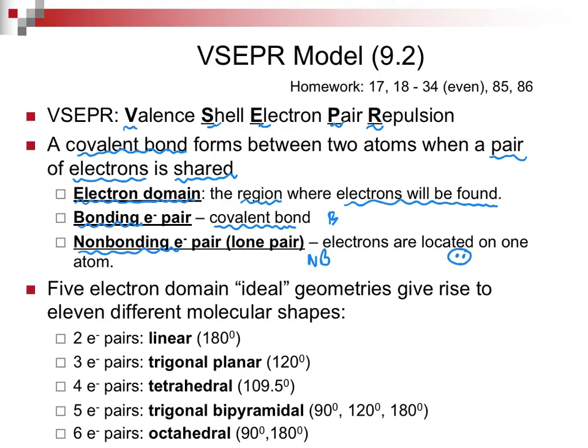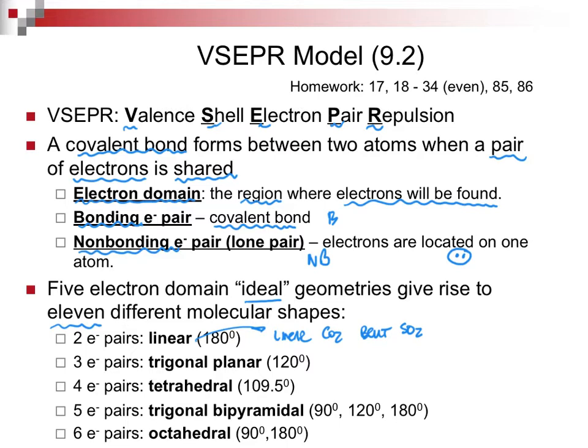Now, there are 5 ideal geometries, and they are going to give rise to 11 different shapes. In the first section, remember we saw something that was linear, which was CO2, and then something that was bent, which is SO2. Because one ideal geometry can give rise to more, there actually are 11.